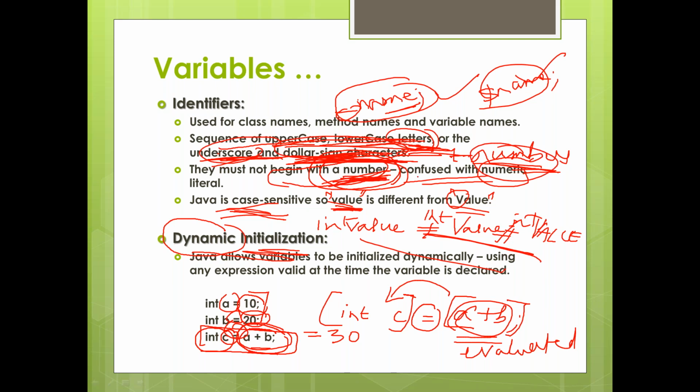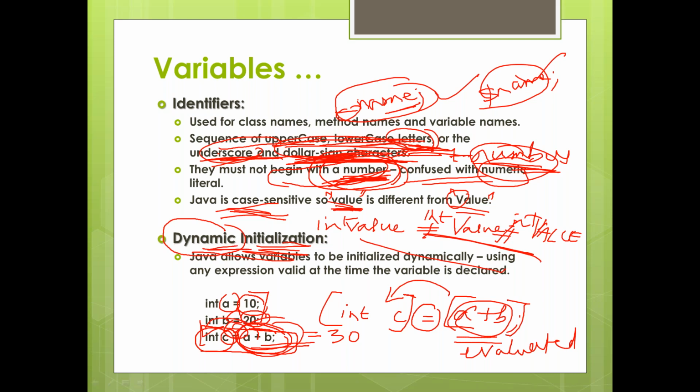That is the only condition you should remember. So what about dynamic initialization? We use an expression on the right hand side. The expression gets evaluated first, and then the value is assigned to your variable on the left hand side.